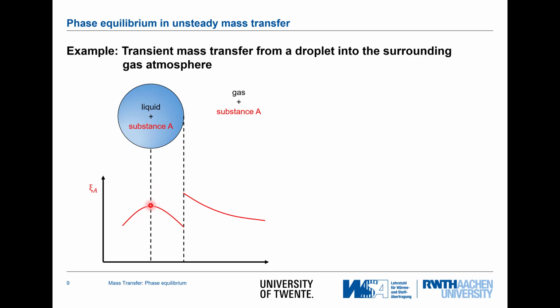So we have a zero gradient in the center, and we assume that the substance goes out of the droplet. So we have a decrease here in the value of the mass fraction. We have that jump defined by the Henry coefficient, and again a decrease towards further out. So we have the substance A leaving the droplet and entering the gas phase according to these two profiles, and happening although we have a higher value here than we have here.